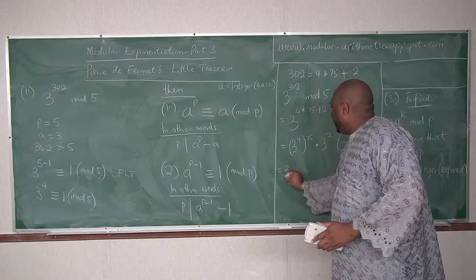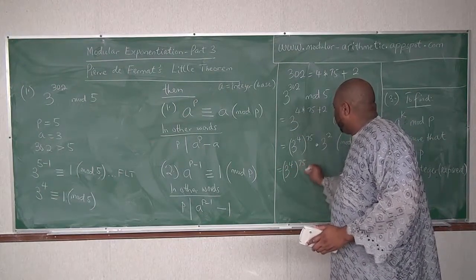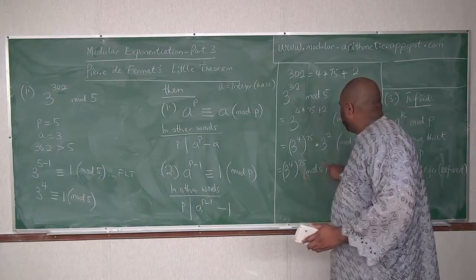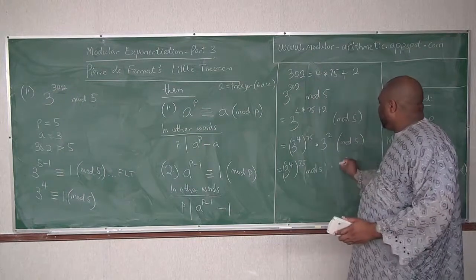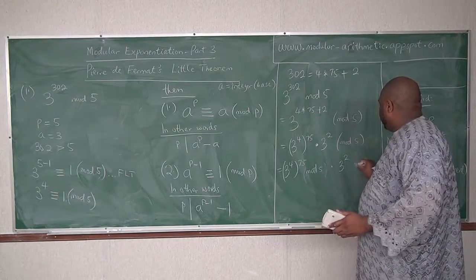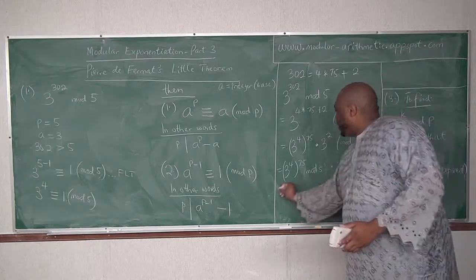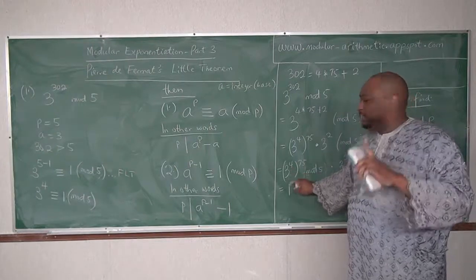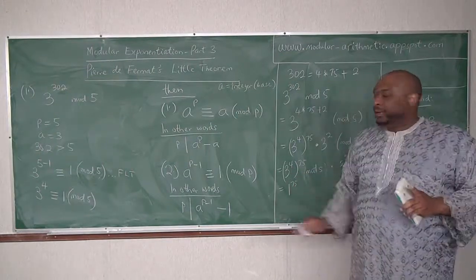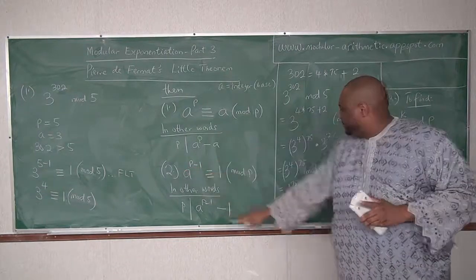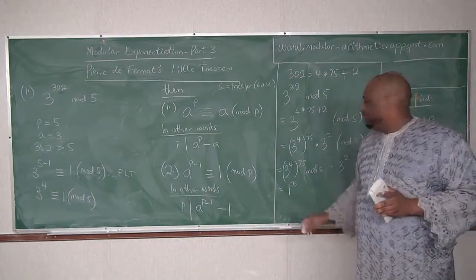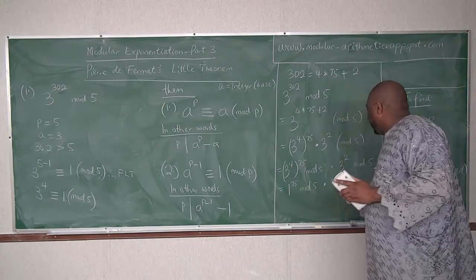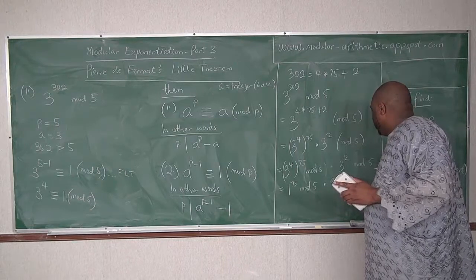Now this is 3 exponent 4, all to the 75, in mod 5, times 3 exponent 2 in mod 5. 3 exponent 4 is congruent to 1 in mod 5. So this means 1 exponent 75 in mod 5 times 3 squared, which is 9, mod 5.